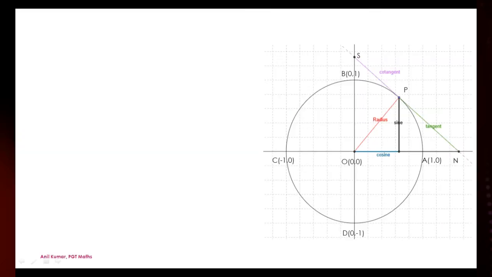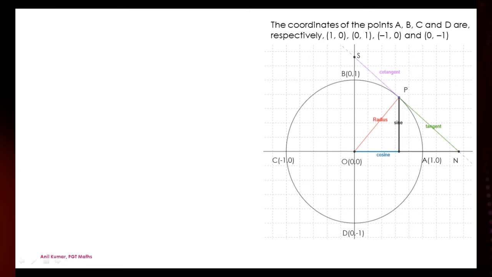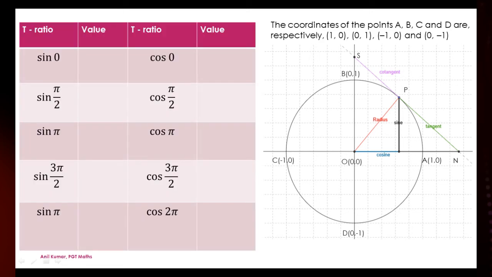So how are these quadrantal values useful for us? We can find out the values of trigonometric ratios at these quadrantal angles. If I am at this point A, my radius will keep on reducing, and when it matches with line OA, the value of the height will become 0.